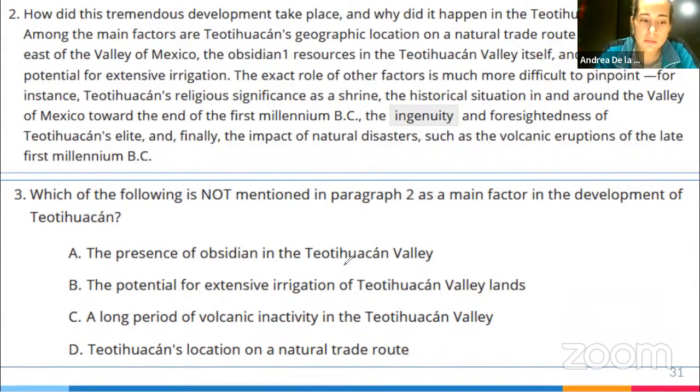Which one would you choose? Evelyn, what do you think? Come on, guys.